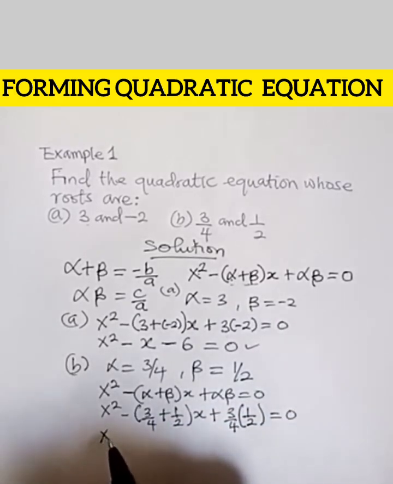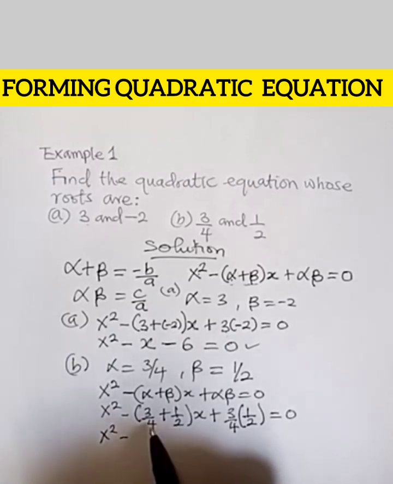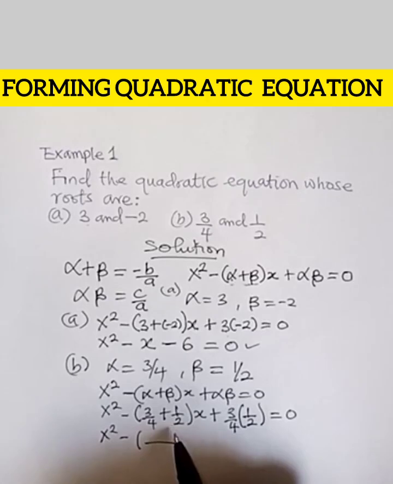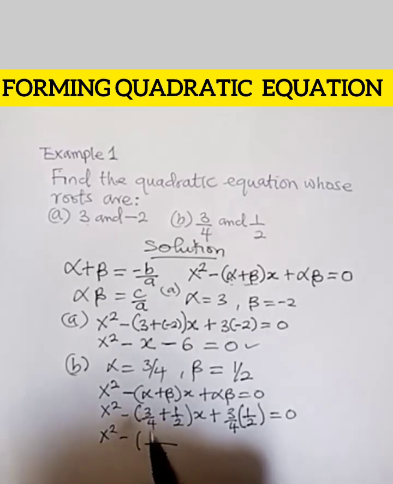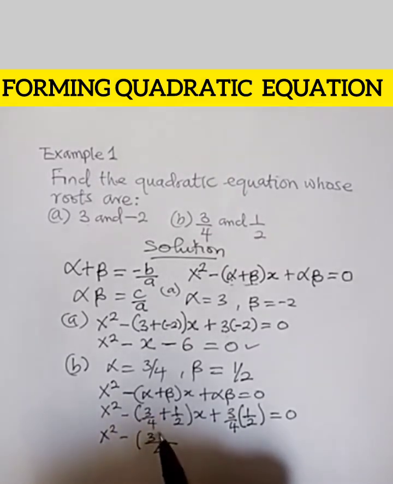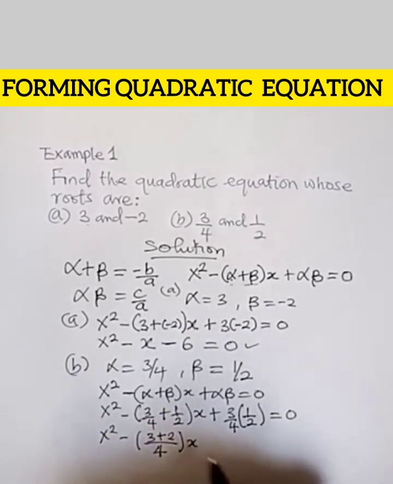Now we have x squared minus, inside this bracket we can look for the LCM. The LCM between 4 and 2 is 4. So put 4 here, 4 into 4, 1 times 3, I have 3. I'll keep my positive sign here. 2 into 4 is 2, 2 times 1, we have 2. And keep my variable x here.